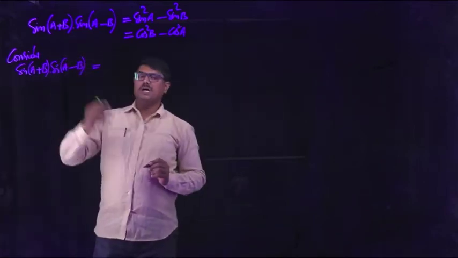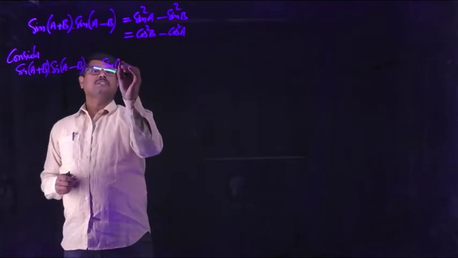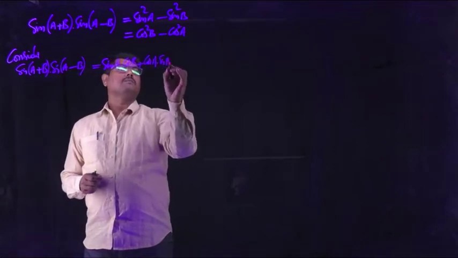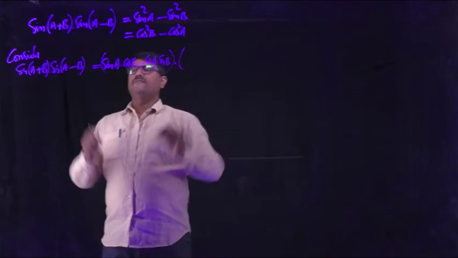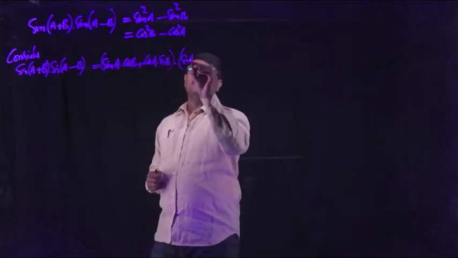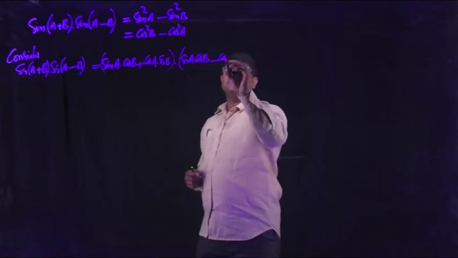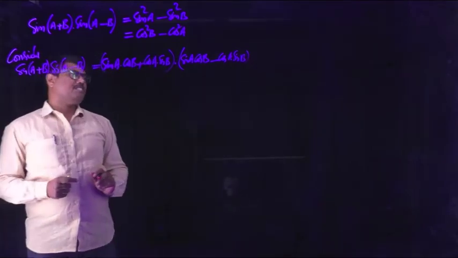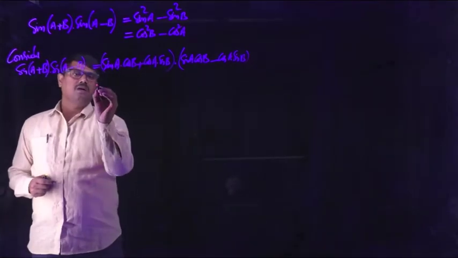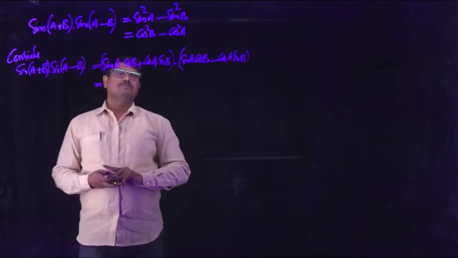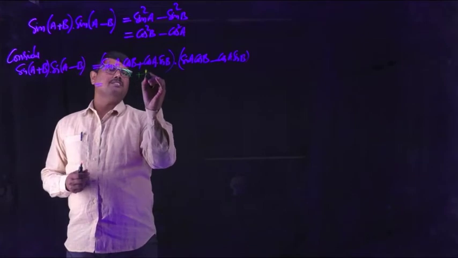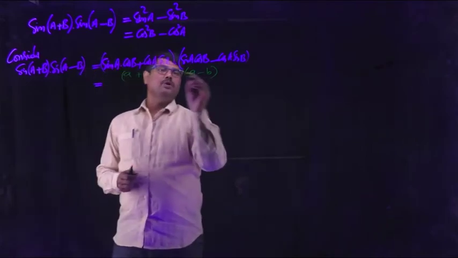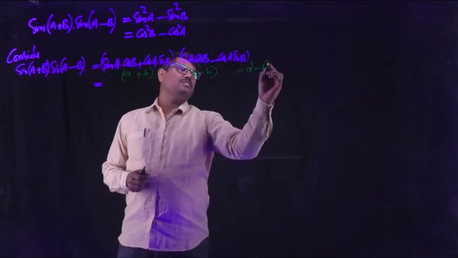Now write the formula of sin(A + B), which is sin A cos B + cos A sin B. And now write the formula for sin(A − B), which is sin A cos B − cos A sin B. So writing the sin(A + B) formula and the sin(A − B) formula, and observing these two, they seem to be like (a + b) into (a − b). We write that as a² − b².